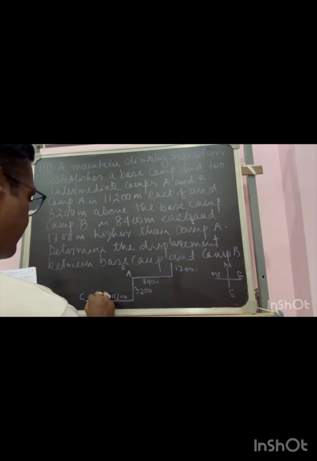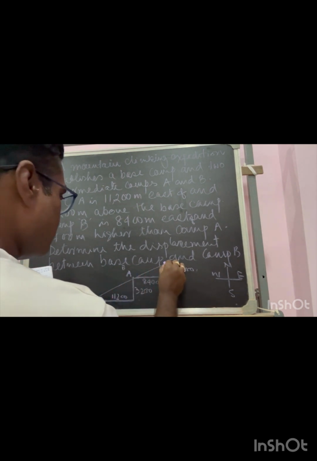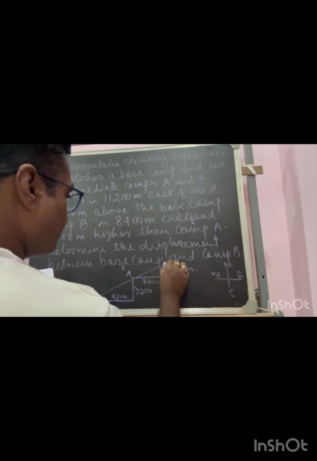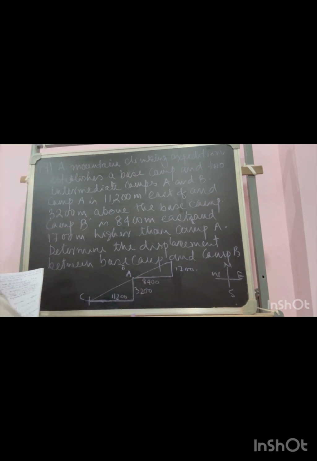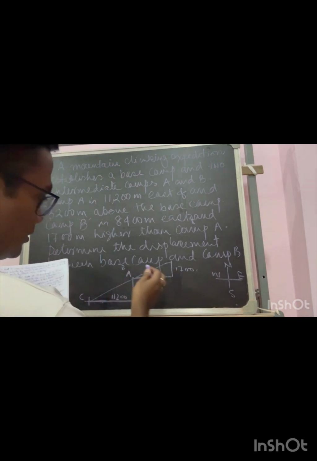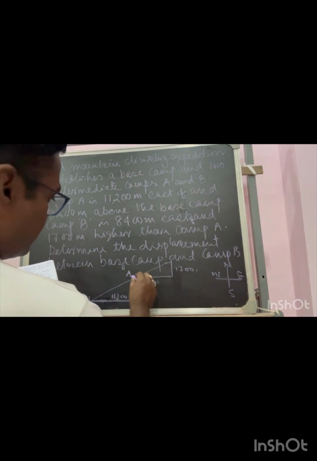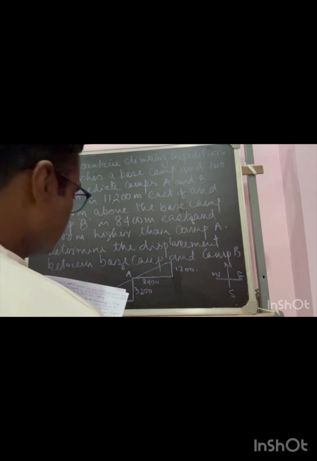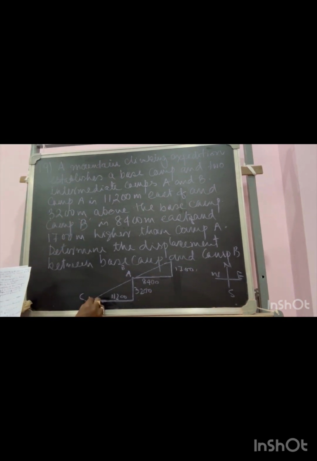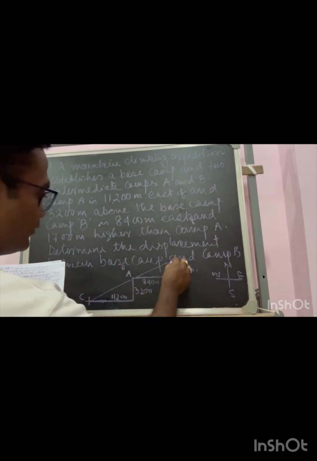I am not drawing it to scale, so it seems to be passing through the points, but it may not be. If you draw it to scale, then you will understand. But ultimately, this is the displacement from here to here, which you have to calculate.